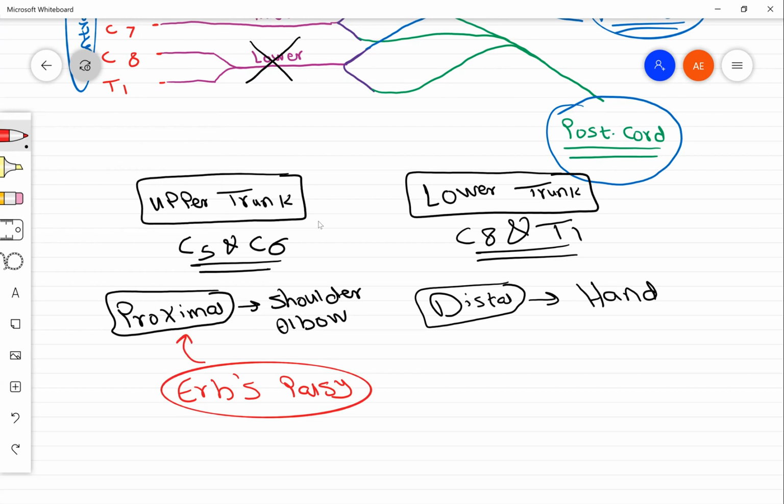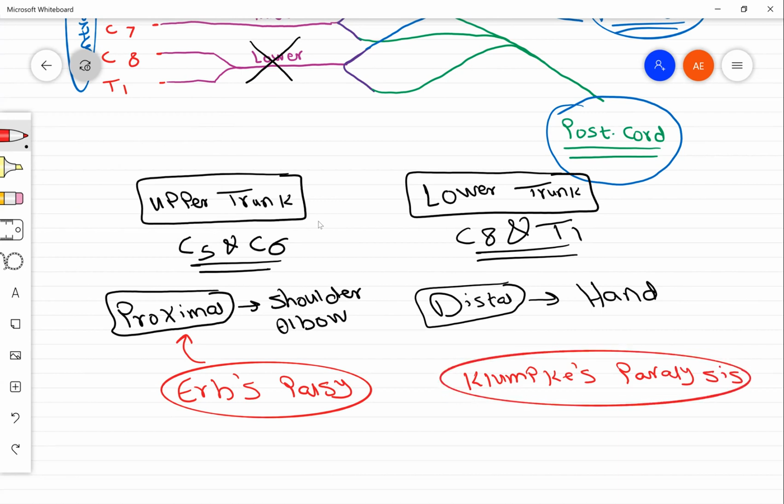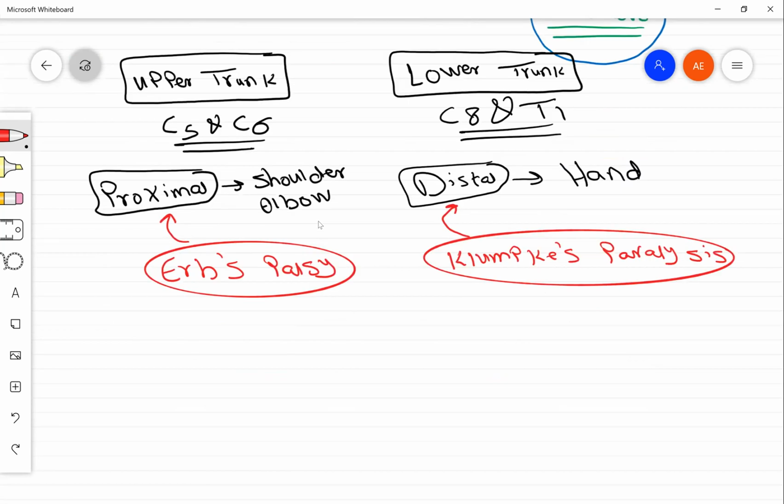Lower trunk injury will cause what is called Klumpke paralysis. So Klumpke paralysis is considered a distal injury.